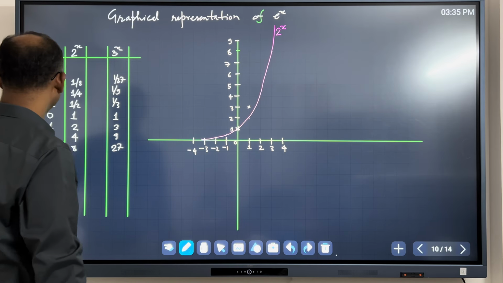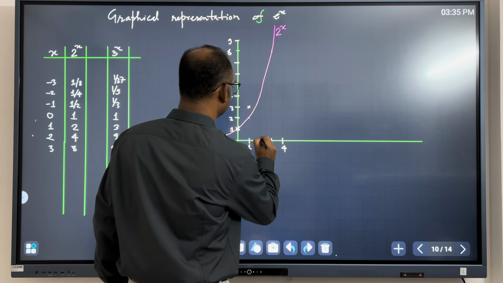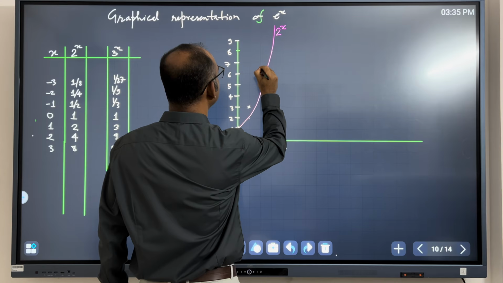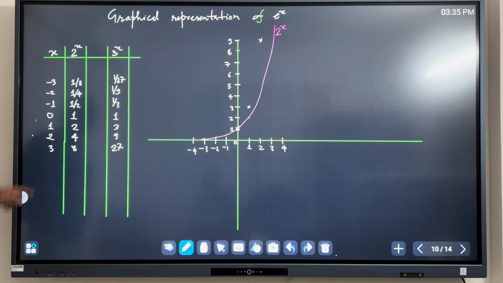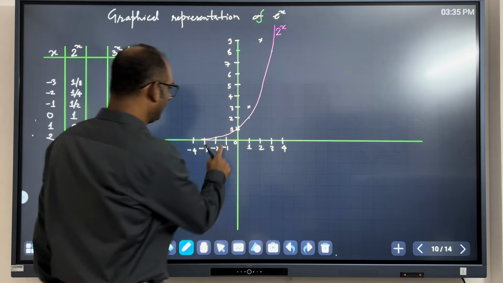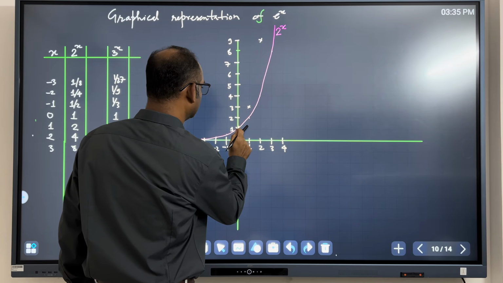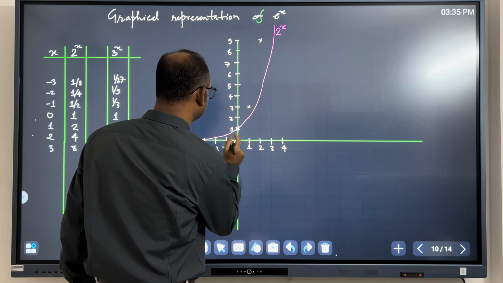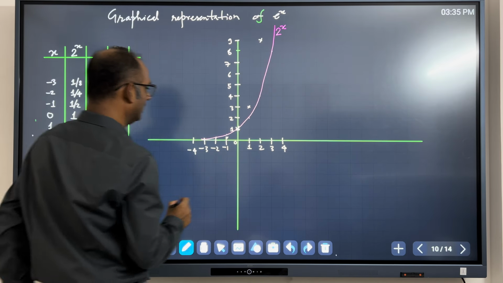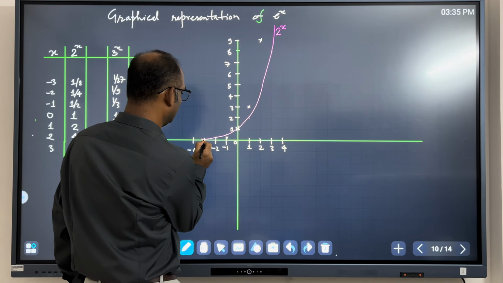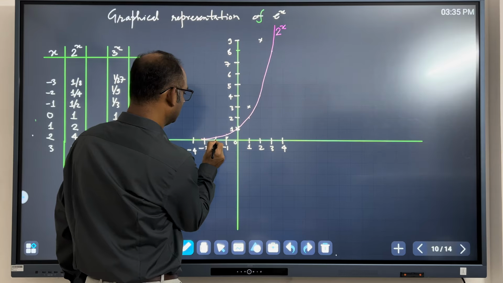At x equal to 2, you are at 9. So you see, this one is increasing much faster. You are already here. And at x equal to minus 1, you are at 1/3. So roughly here. And at x equal to minus 2, you are at 1/9. So it should be below this value, so it's already here.